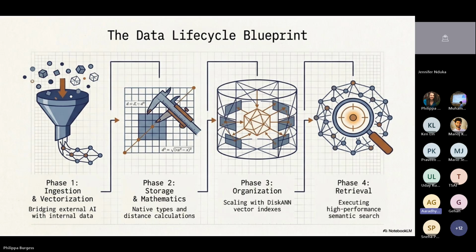Okay, so this data lifecycle blueprint has phases: ingestion and vectorization, storage and mathematics, organization and retrieval. Now we will understand this strategic shift toward native AI databases. When building an enterprise grade AI or retrieval augmented generation, that is RAG, system, the data cannot simply be dumped into a table.